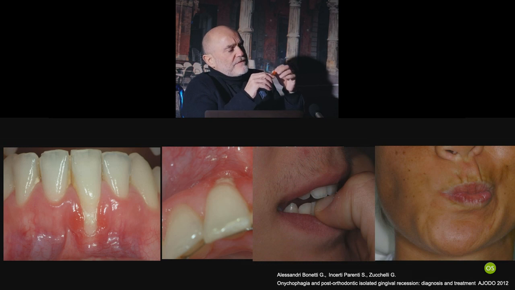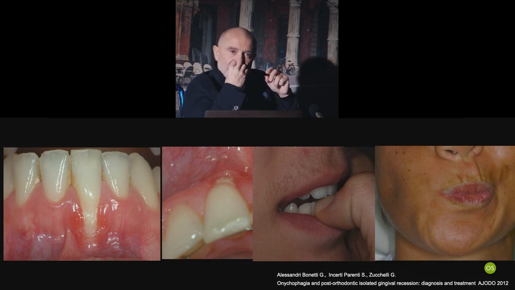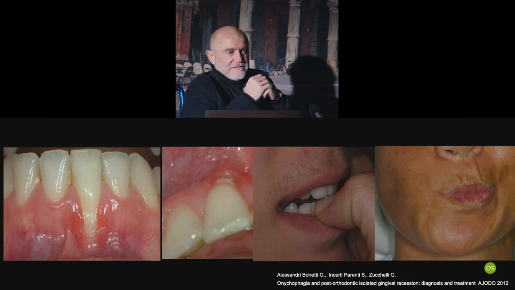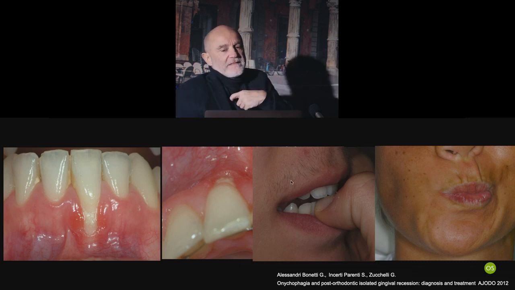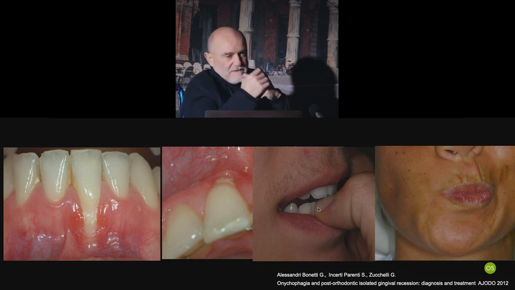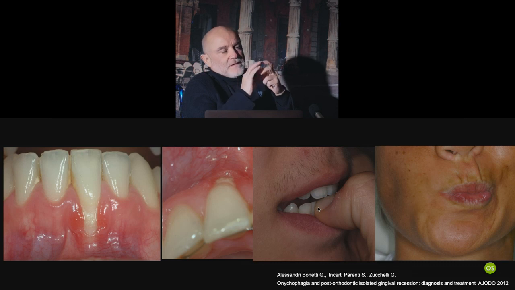Sometimes the diagnosis is very easy because you see the nails of your patient and they are used to biting the nails, and you can ask them to show you how they do it, and you see that there is a site-specific pressure where the patient puts the nails between the teeth of the upper jaw and the teeth in the lower jaw.